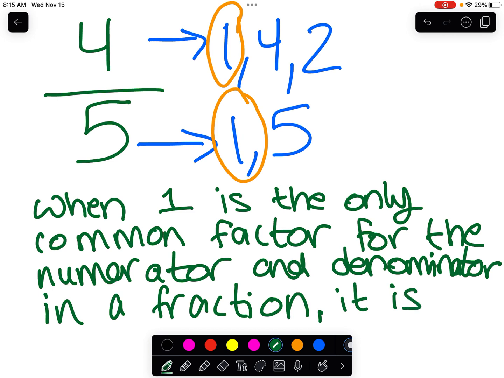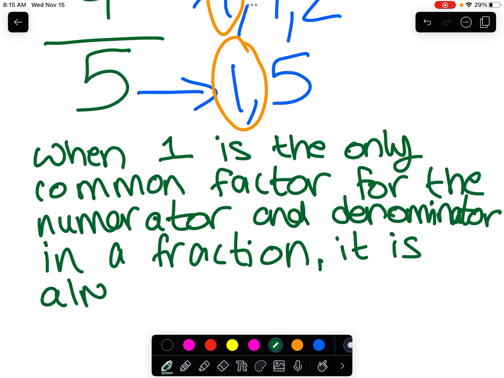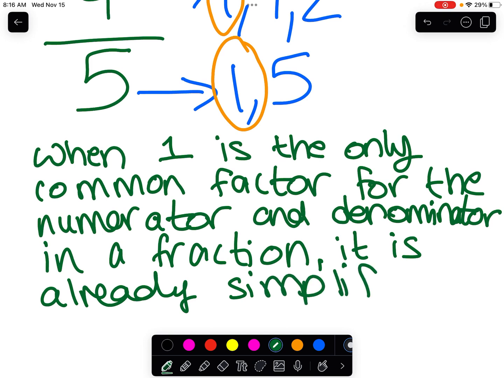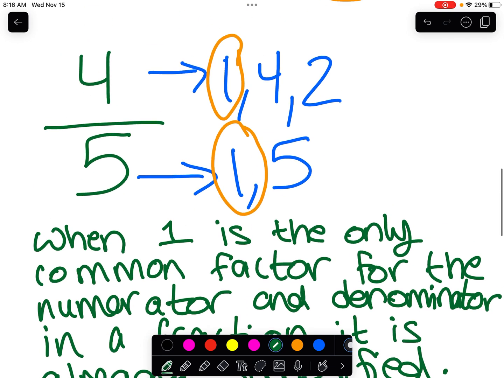It is already simplified. Guess what? 4/5 is already simplified. We don't need to do anything else to it.